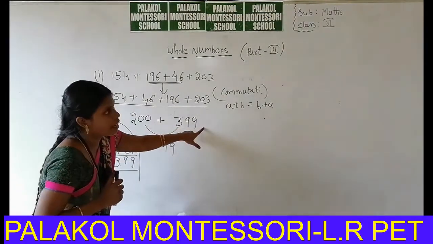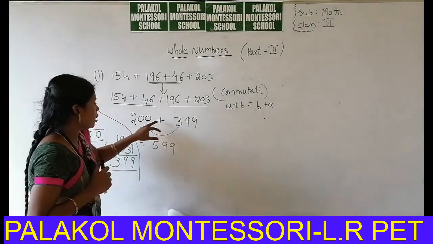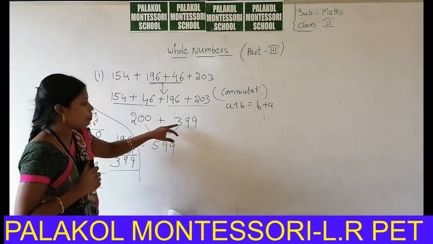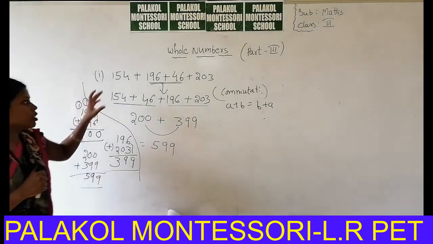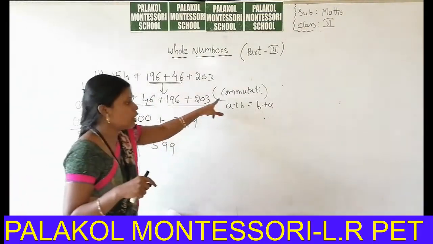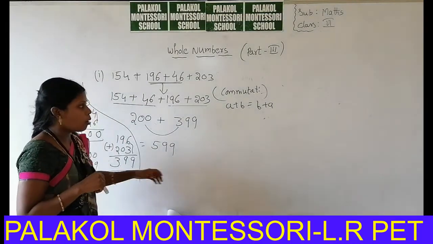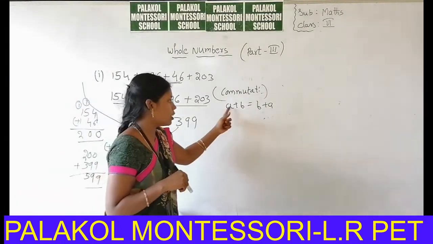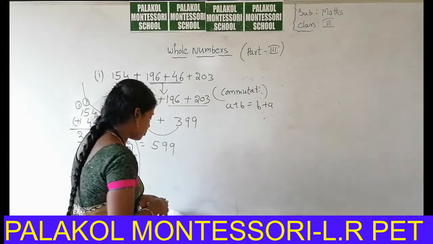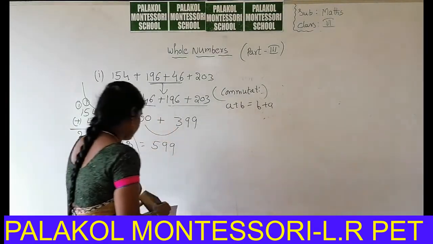So 399. Now we add 200 plus 399. What is the answer? 599. So, in this problem, we use only the commutative property. The commutative property is nothing but A plus B is equal to B plus A. That means we can change the order. So, next problem.